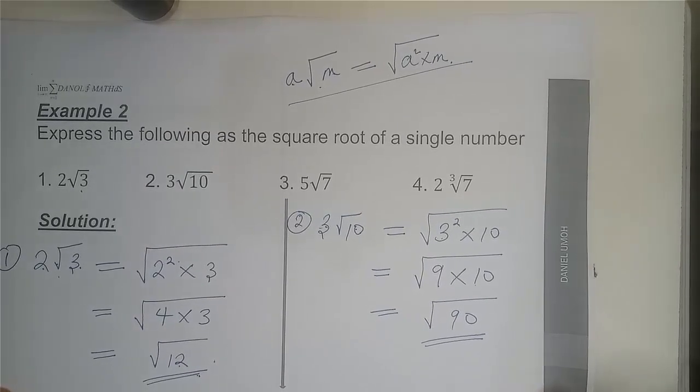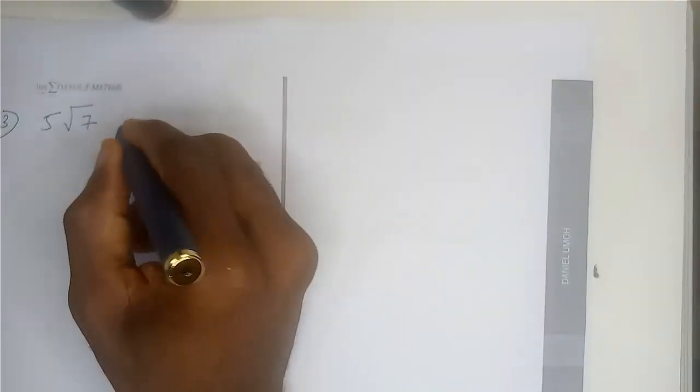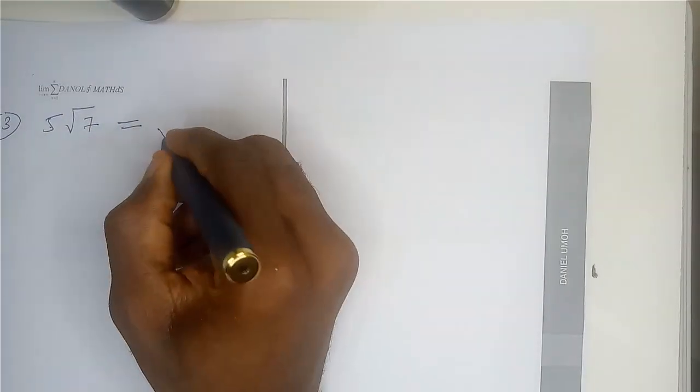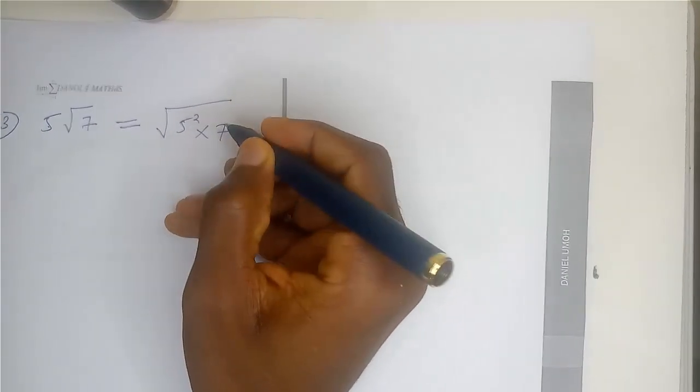Now, number 3. 5 root 7. Now, this is equal to, if I push this 5 in here, I have 5 square times 7.